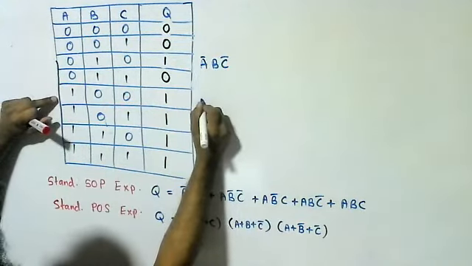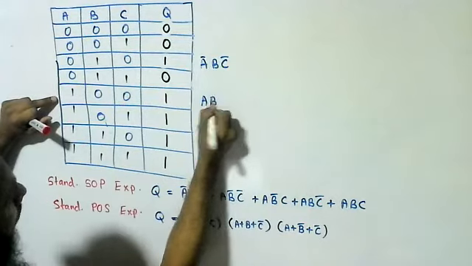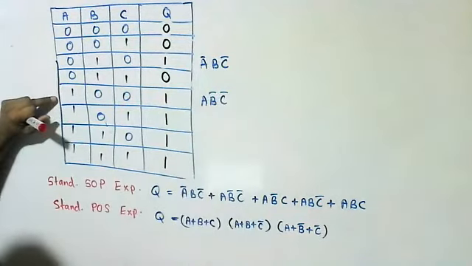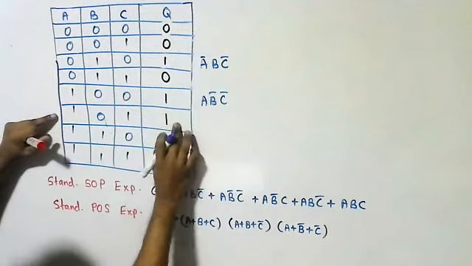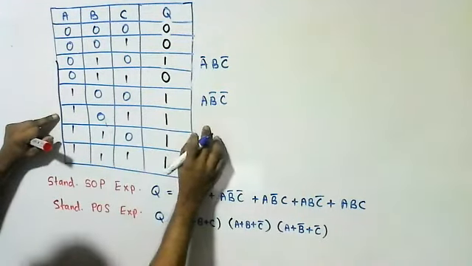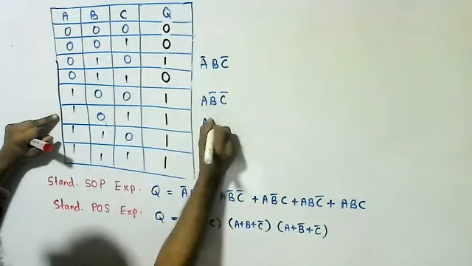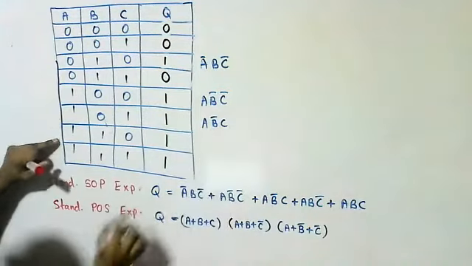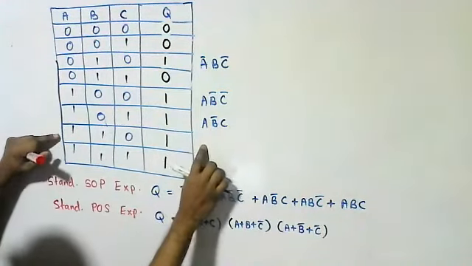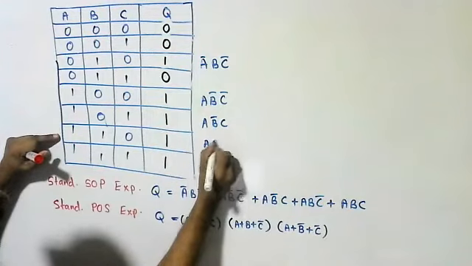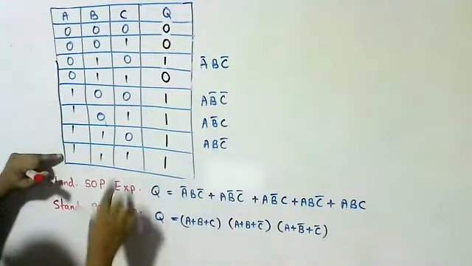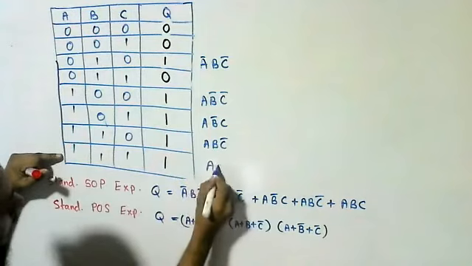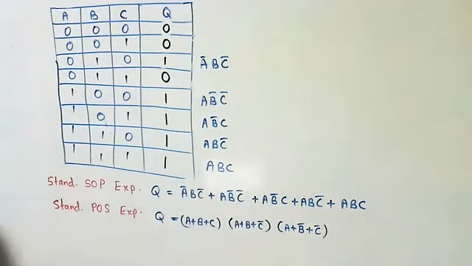So I'm taking the min term A B bar C bar. Here, output is 1. I'm taking the min term A B bar C. Here, output is 1. Another min term A B C bar. Here, output is 1. So A B C. So these are the minterms.